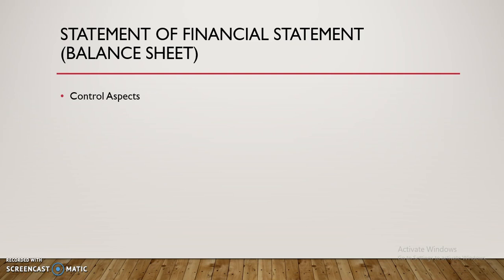Some of the control aspects when you are reviewing the balance sheet are, let's say, when you are reviewing fixed assets, what you need to know is whether there is a complete listing of the fixed assets. You should be able to match the list versus the value which is represented in the balance sheet.